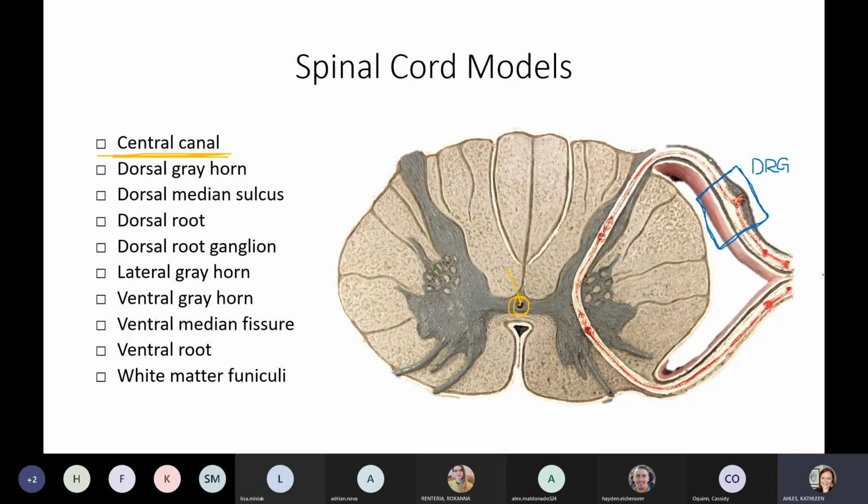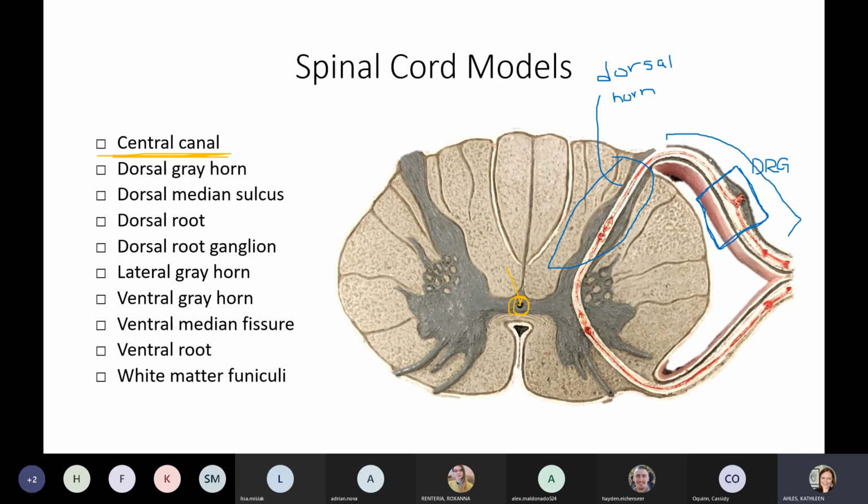The dorsal root ganglion. Remember, we have to find that every single time, because if I find that, then I know that back here is my dorsal horn. So I've got to know front side from back side. If I find the dorsal root ganglion, that'll give me my dorsal horn. That'll give me this whole structure here.